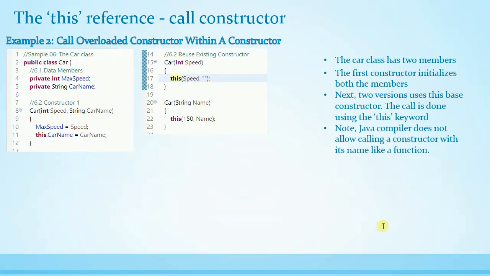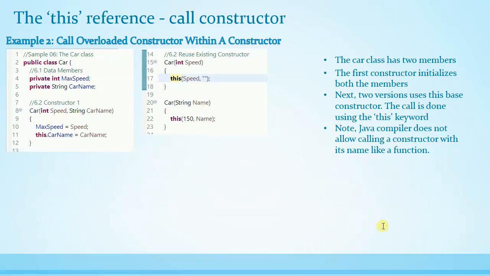Java does not allow calling the constructor by its name. If you look at the code snippet 15 to 18, for example, instead of this, we cannot use car here. We cannot use a statement like car, open parenthesis, speed, comma, double quote.